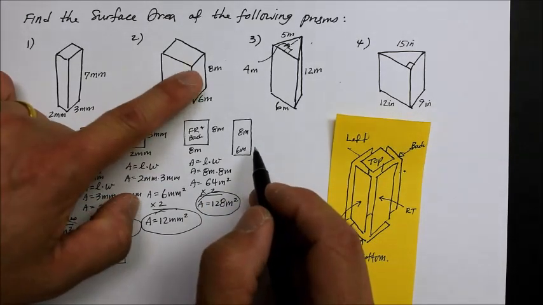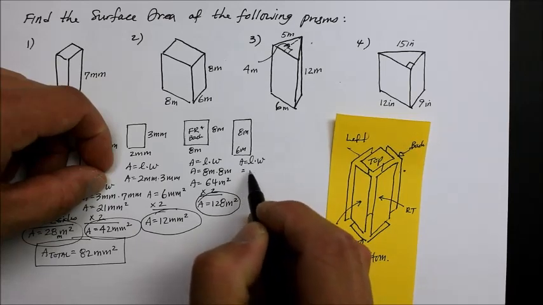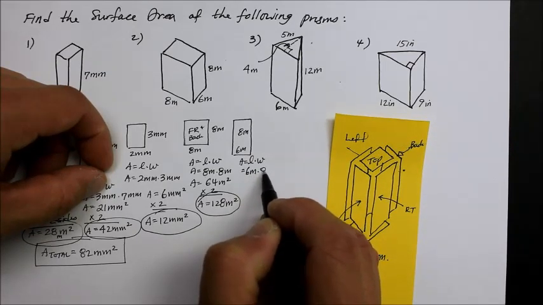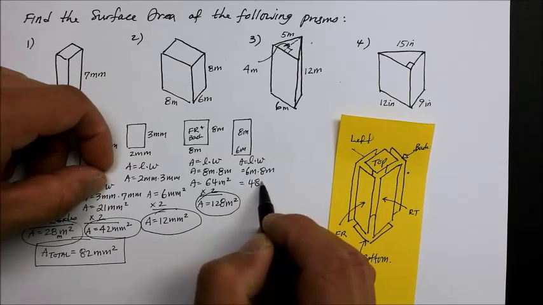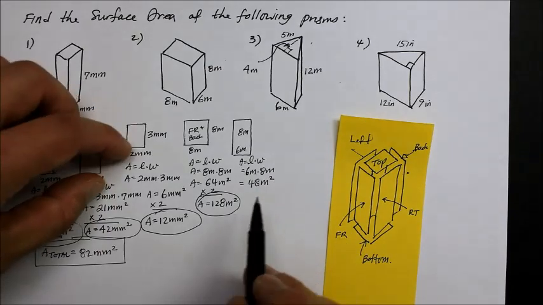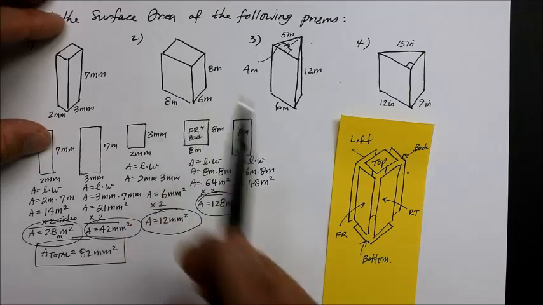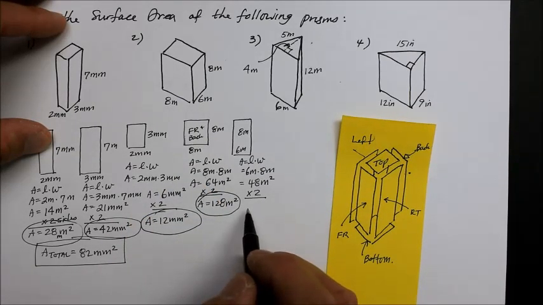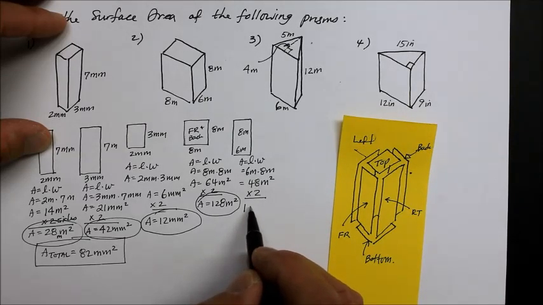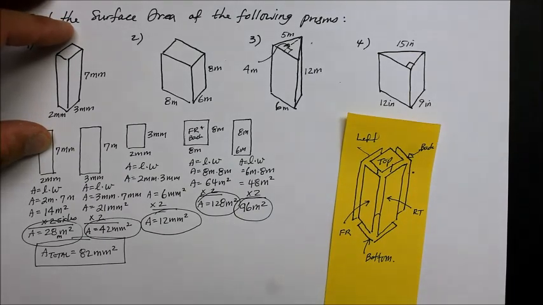So this one on the right side has area equals length times width, 6 meters times 8 meters. 6 times 8 is 48 square meters. However, just like if there's a right, there's a left. There's two sides to that, so we're going to times 2. So the total of left and right combined becomes 90, whew, close, 96 square meters. So there it is for the left and right.